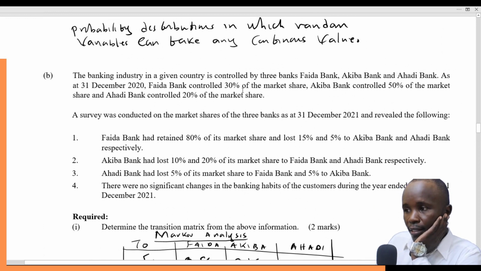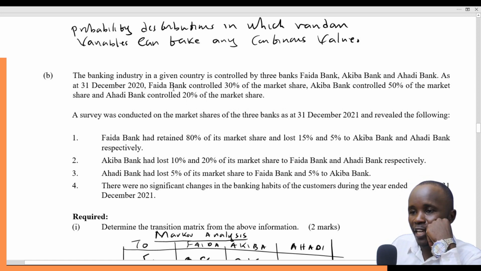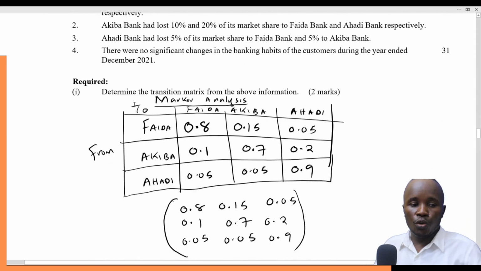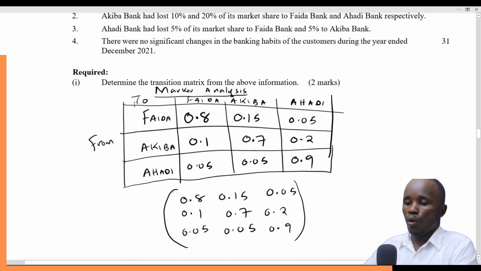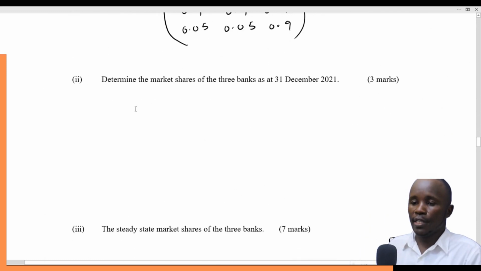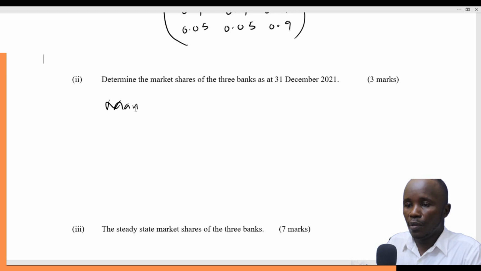You are told that as at 1st December 2020, Faida Bank had 30% of the market share, Akiba Bank had 50%, and Ahadi Bank had 20%. So in this part, we need to get the market share for 2020.